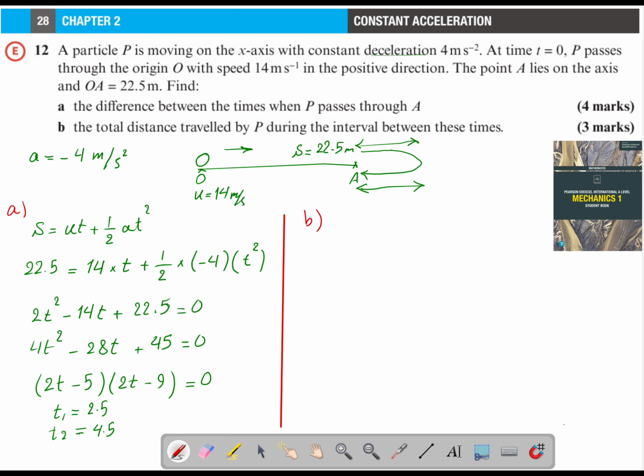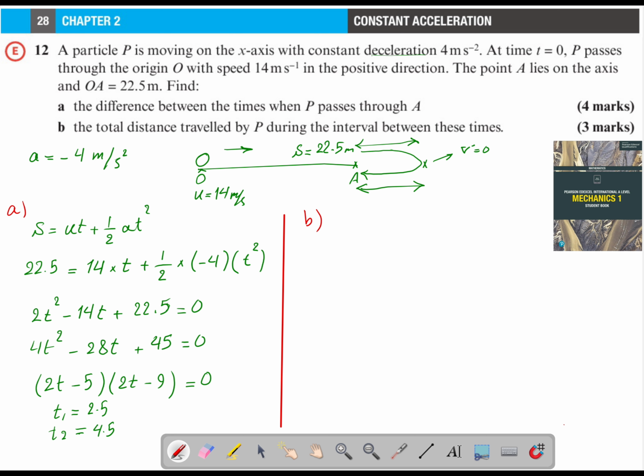So we should find the distance between point A and this point. At this point, our final velocity equals 0. We reach 0 and then turn back toward point A. So we know the final velocity of this point. We can find this displacement and then multiply by 2.